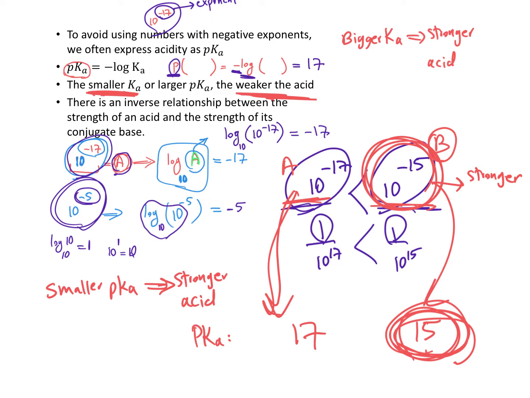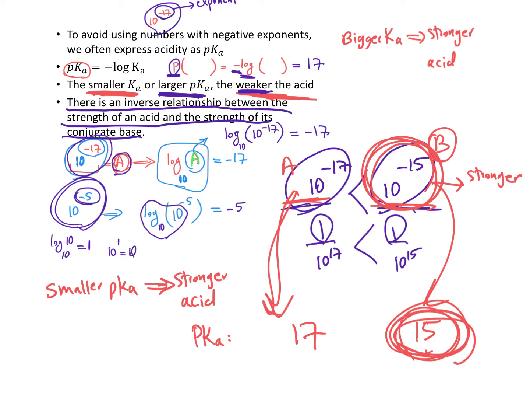And this is exactly what your book said, that larger pKa means weaker acid. And as we said, there is an inverse relationship between the strength of an acid and the strength of the conjugate base.